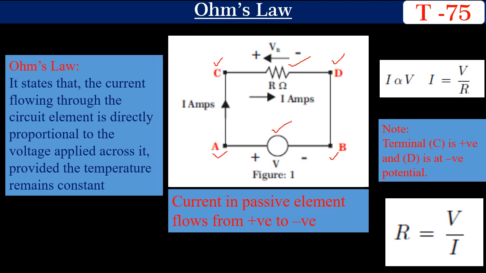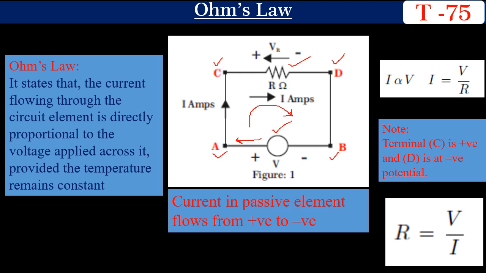We also know that the source will deliver power if the current flows away from the positive terminal of the source. It means current in this circuit flows in the clockwise direction. Let the current be I amperes.